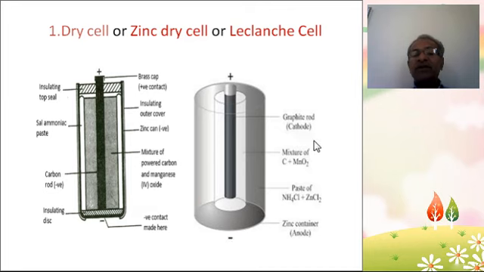As I told you, the graphite rod acts as the cathode, the zinc container acts as the anode, whereas the paste of ammonium chloride and zinc chloride acts as the electrolyte, which is separated by the separator.